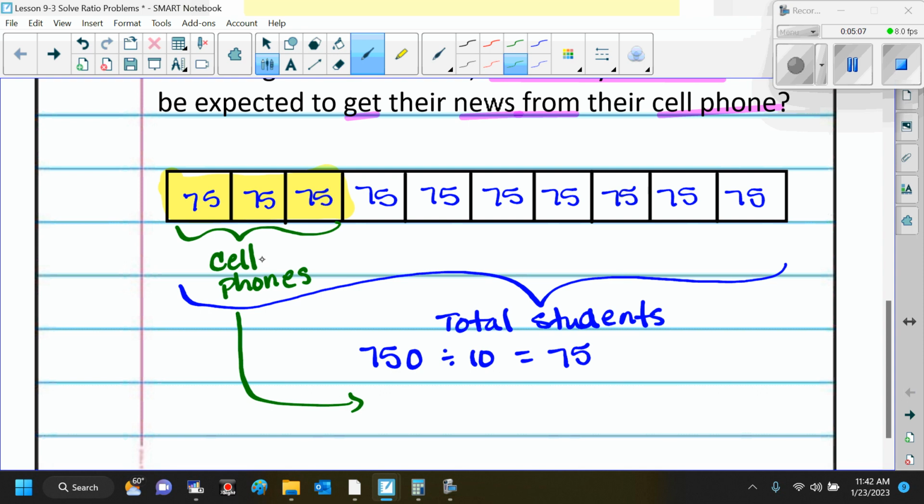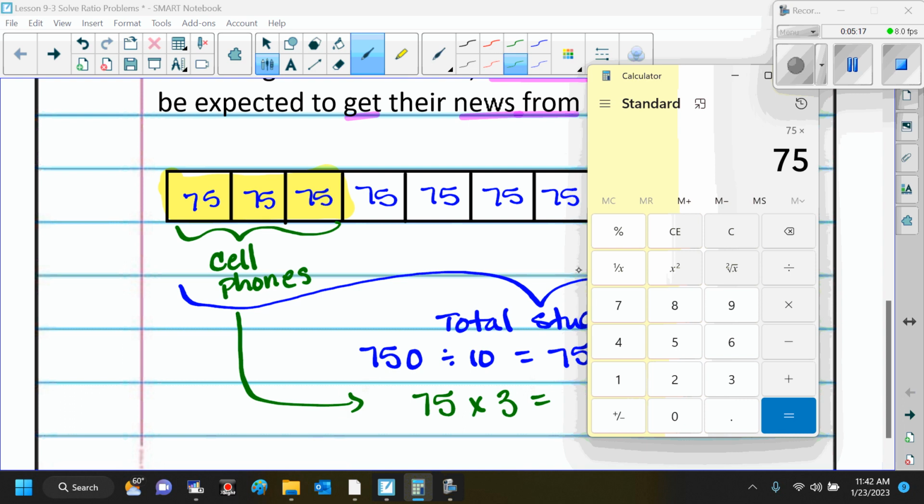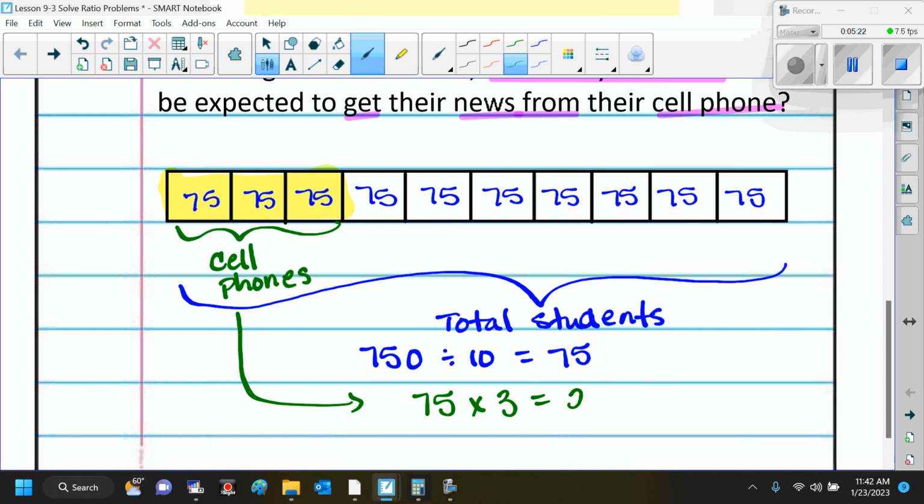Of course, repeated addition is multiplication, so I can do 75 times 3, and 75 times 3 gives us 225. So 225 students get their news from cell phones.